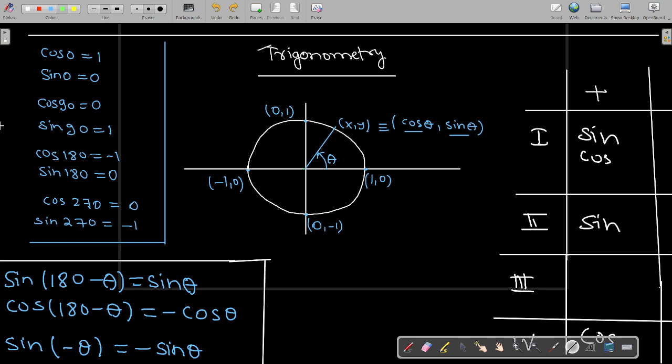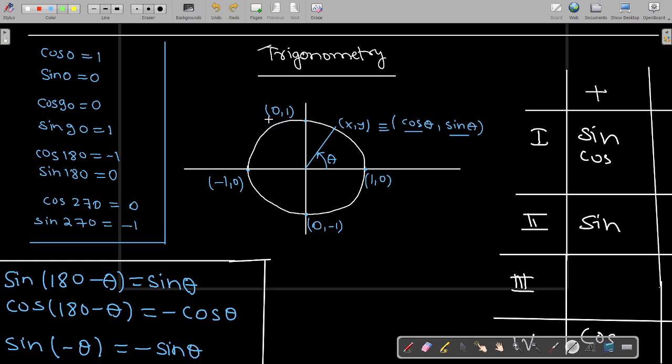One more time. What is sine, sir? Sine is just the y-axis and cos is just the x-axis. The angle between them is theta, the angle between the x-axis and the line that we are moving along the circumference.